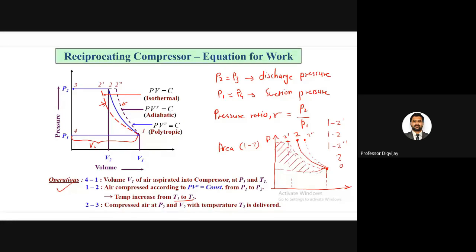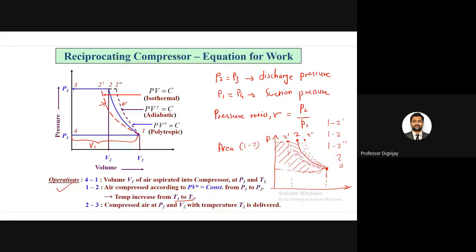If I take the isothermal way, I will require less area. If I take the middle one, the polytropic way, I will require more area. So this much amount of more area will be required. If I go for the isentropic process, this much amount of work will be required extra. So if I follow the isothermal way, I will require minimum area.